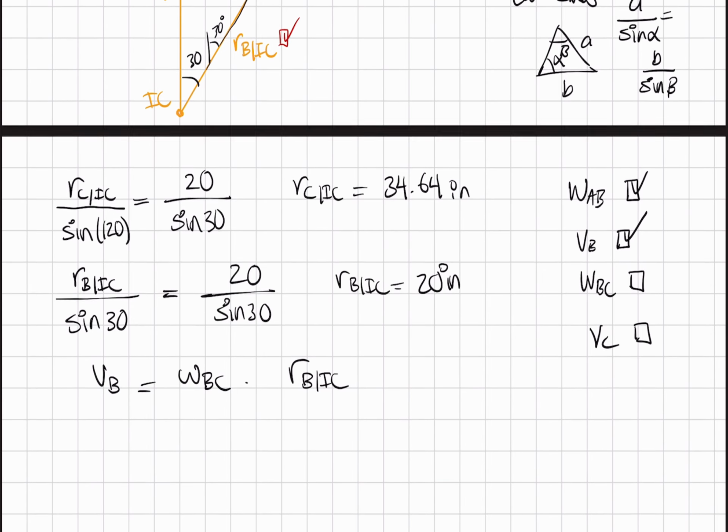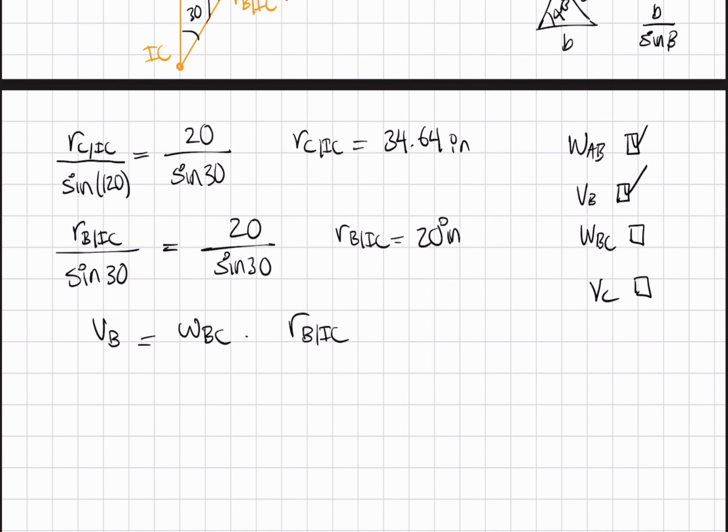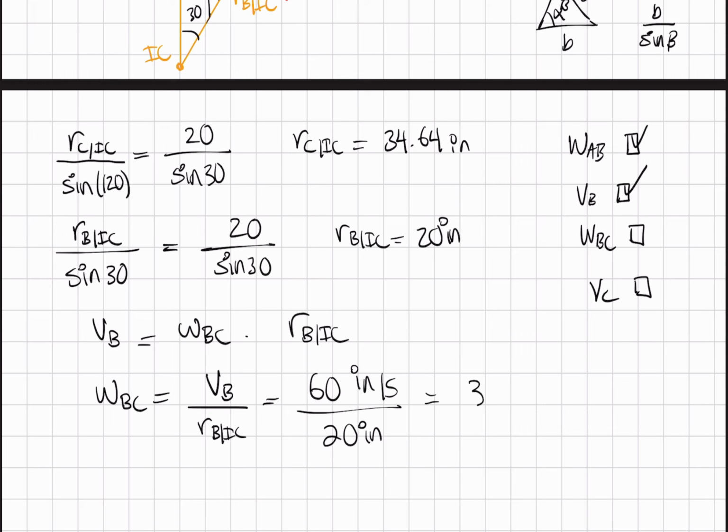So I can rearrange this equation so that the unknowns are a little different. So I get a relationship that looks like this. Plugging the answers in, 60 inches per second, 20 inches, I will get omega BC is equal to 3 radians per second.